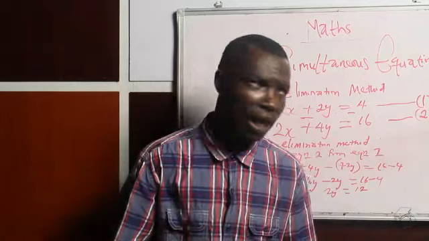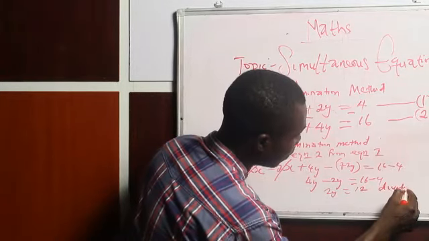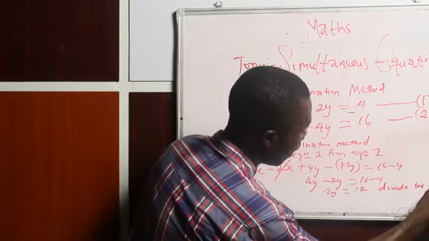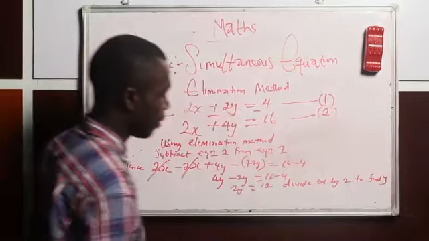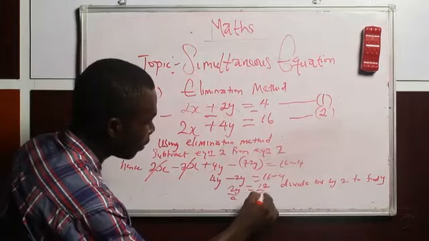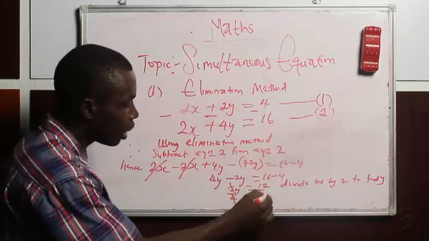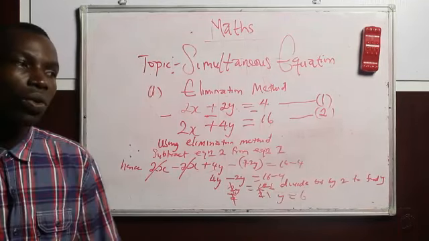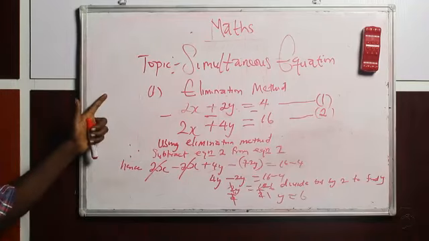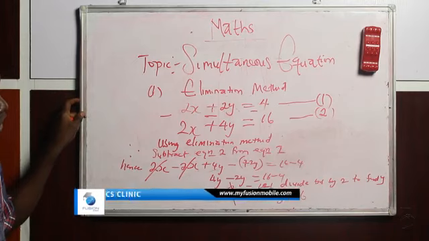To find y, divide both sides by 2. 2 divided by 2 is 1, 12 divided by 2 is 6. Y equal to 6. From this equation, we discover that our y is equal to 6.